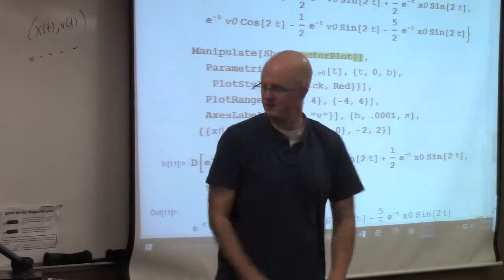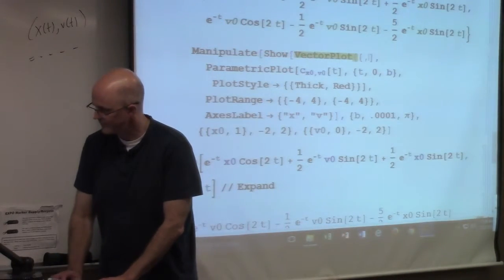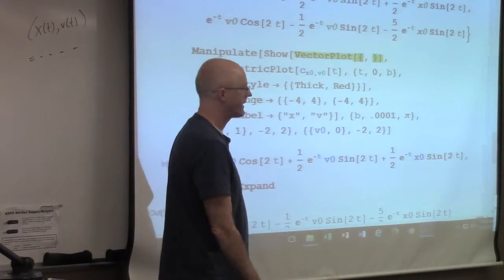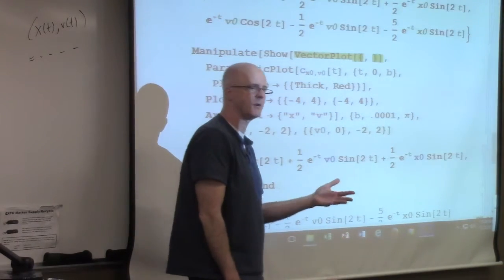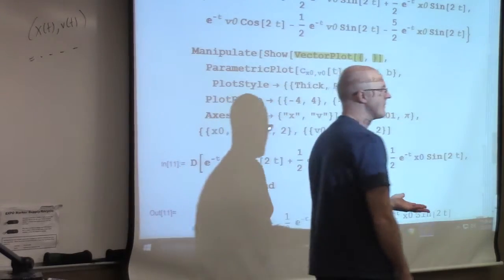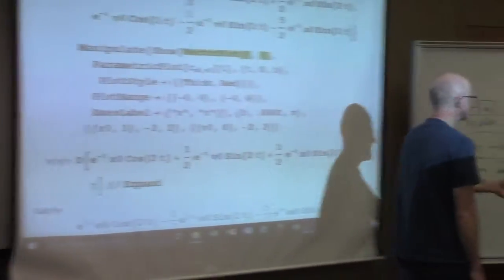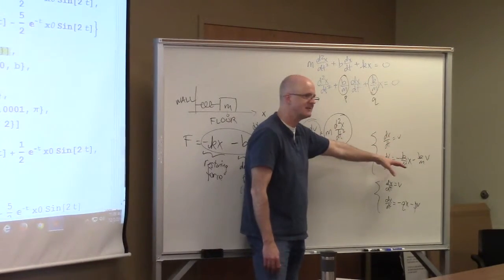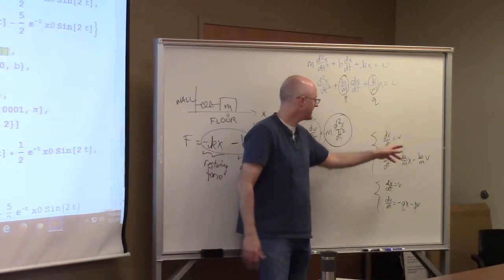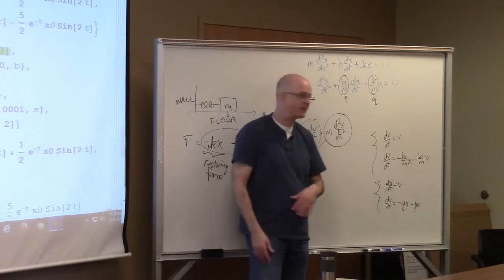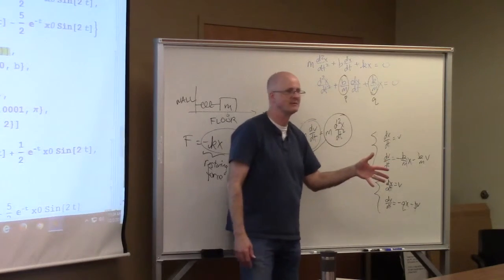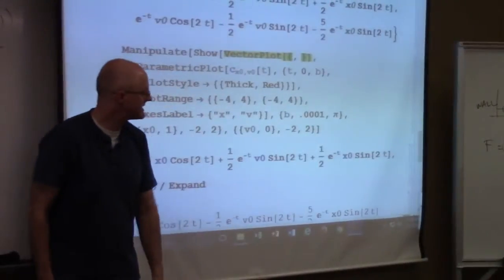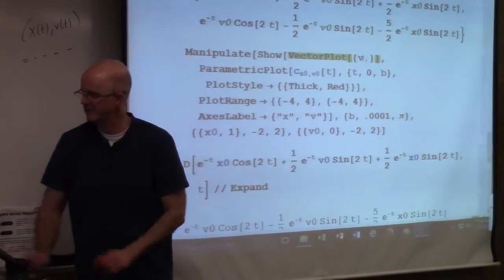With slope fields, we put a 1 in the first spot before the comma, and then the right-hand side of the differential equation after the comma. With vector fields, for systems of differential equations like this, you put the right-hand sides in both spots. The right-hand side of the first equation before the comma, the right-hand side of the second equation after the comma. The right-hand side of the first equation is v, so put a v there.